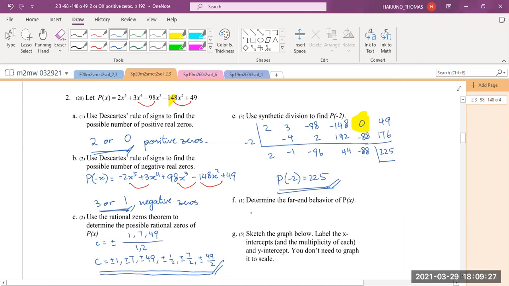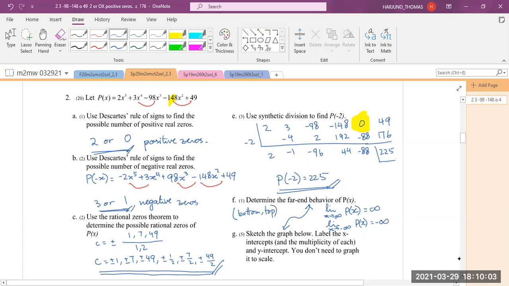Determine the far end behavior of P(x). Either you say bottom top, or you sketch the far end behavior this way, or you say limit as x goes to infinity of P(x) is infinity. Limit as x goes to -infinity of P(x) is -infinity.